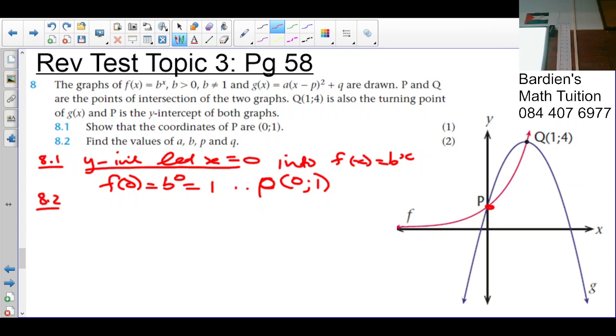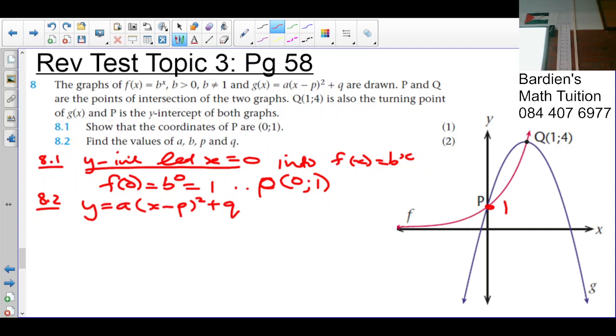8.2. Find the values of a, b, p and q. Now, if you're looking at this format here, they were nice and gave you the equation in this form, but normally it's not given in that form. If you are given the turning point, you must remember that formula must be used.